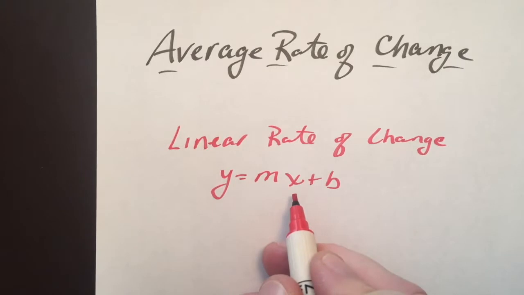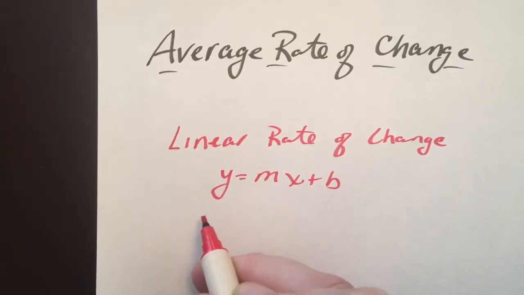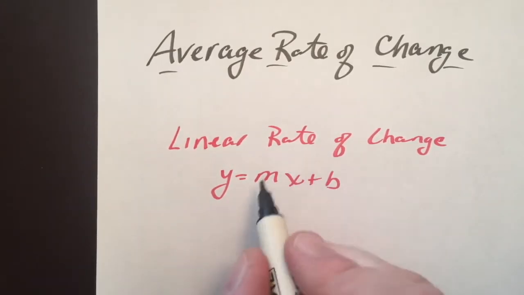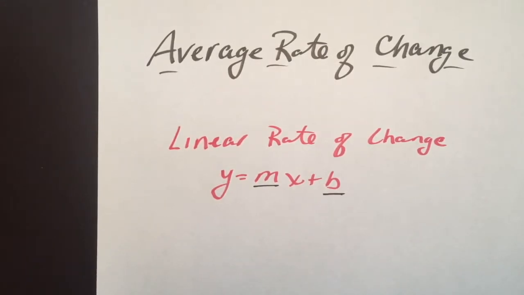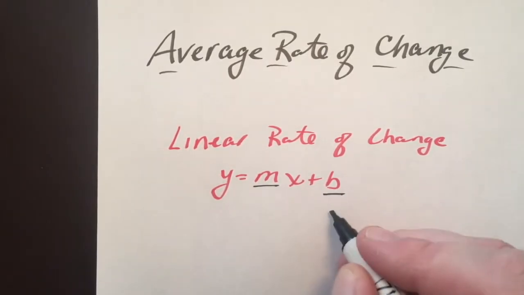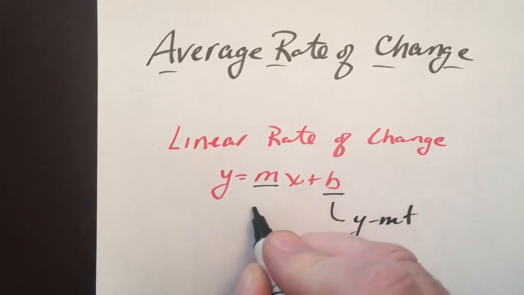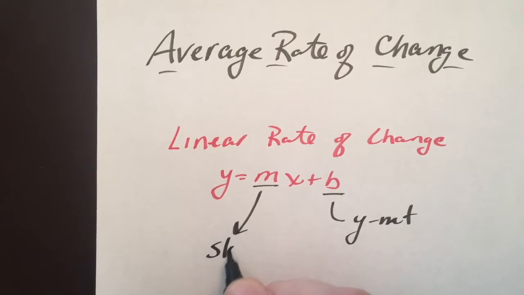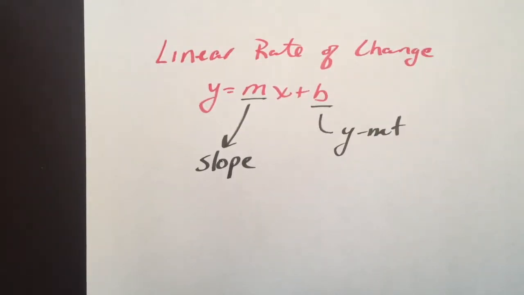Of course, y and x are our variables. X is the independent variable, y is the dependent variable. And we had two numerical values, m and b. B, of course, was our y-intercept, and m was our slope. Okay, all basic algebra information.